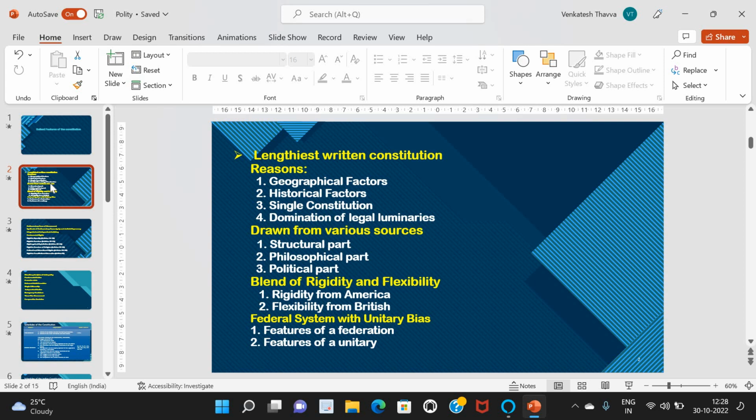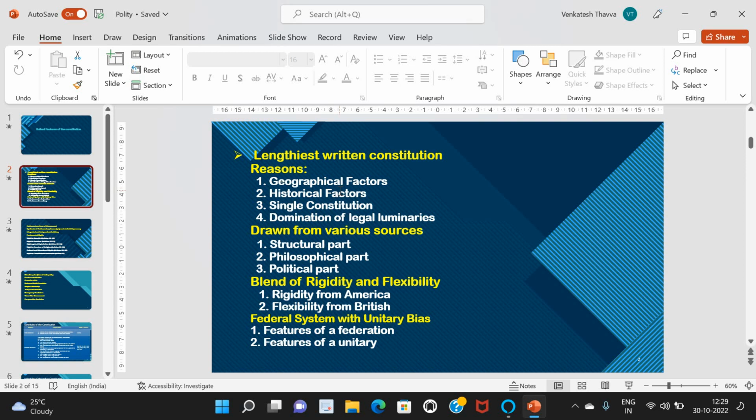Four factors have contributed to determine the size of our constitution. They are geographical factors, historical factors, single constitution, and domination of legal luminaries. Coming to geographical factors, that is the vastness of the country and its diversity.